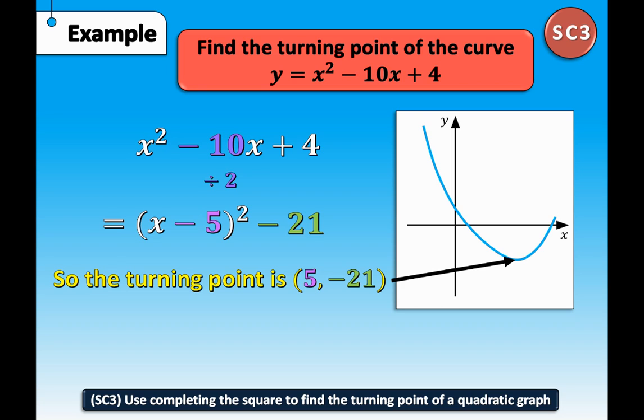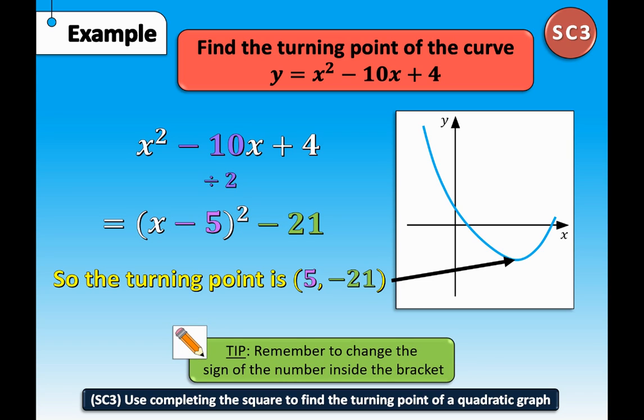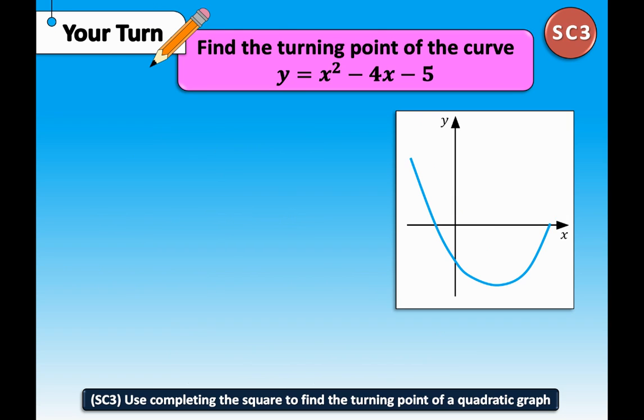So remember, this is where the curve changes direction, so it'll be the lowest point of the curve. Always remember to change the sign of the number inside the bracket.